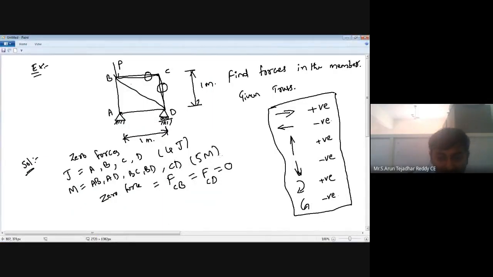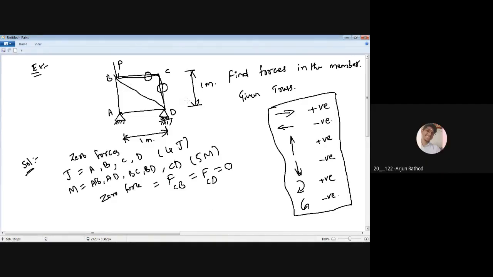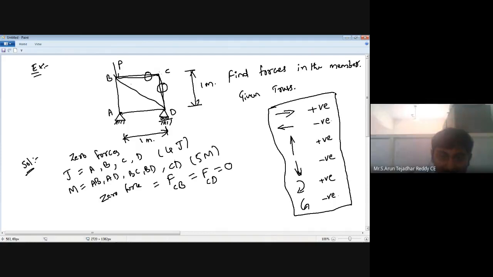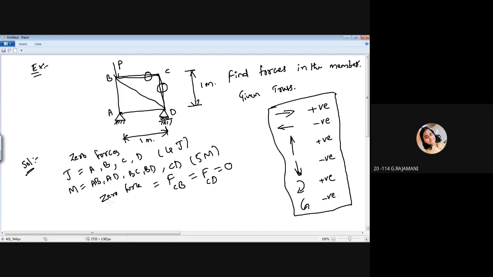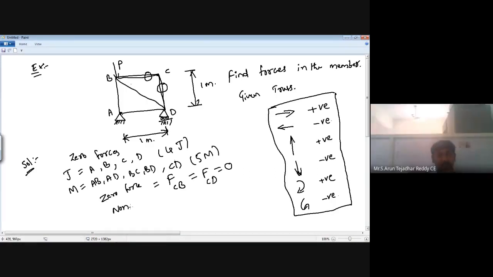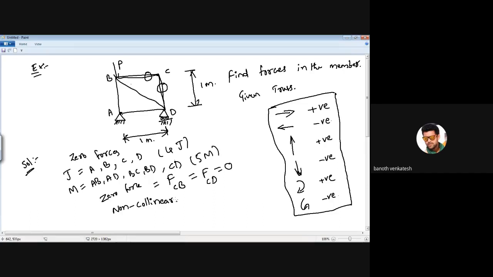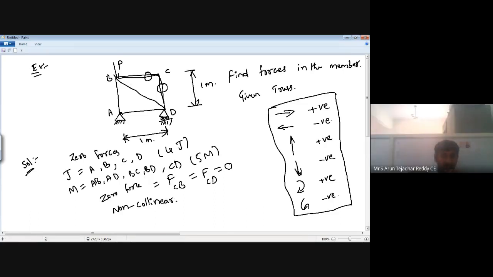But why? What is the reason? Because no external forces are acting. Yes, exactly. But we should say it is called non-collinear. It is non-collinear. Only if it is non-collinear will it be zero.